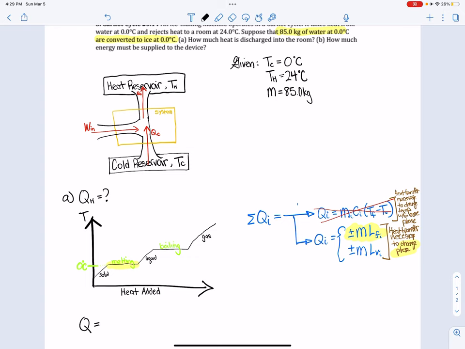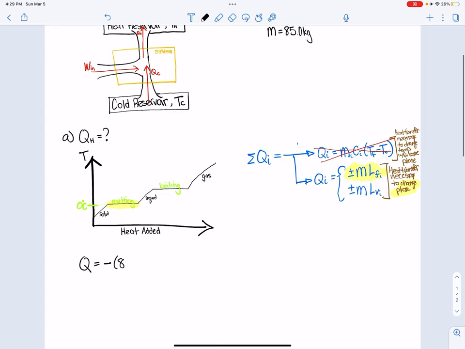So because we're transferring heat out of the system, I would use negative. So Q is equal to negative mass, that was given to us, that's 85, times the latent heat of fusion of water. That's what I want to use.